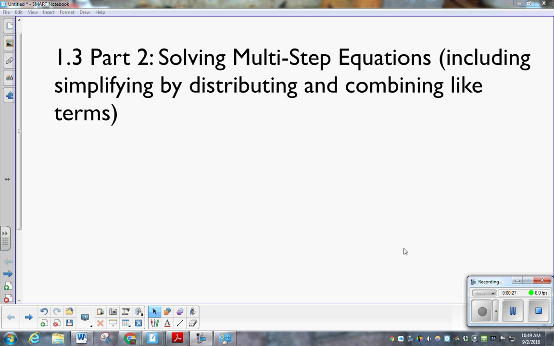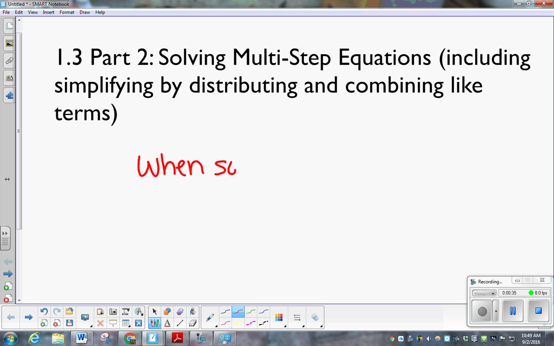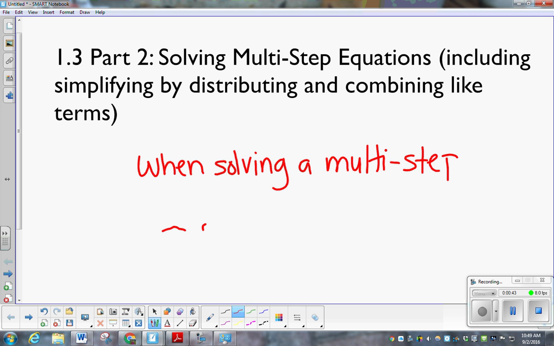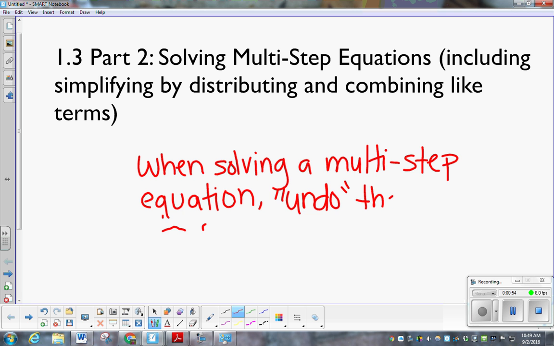So the first thing I want you to write is: when solving a multi-step equation, you need to undo the operations in backwards order.